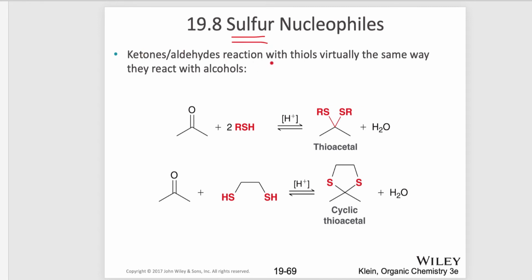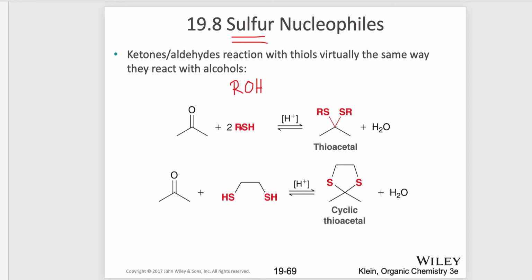Ketones and aldehydes both react with what are now called thiols. Remember before we had looked at reactions with alcohols? Well, there is a new word here. It's called thiols. So instead of having the OH group, we have an SH group. There's very similar chemistry. We want to recognize that we're using acidic conditions. Here again, we're using acidic conditions.